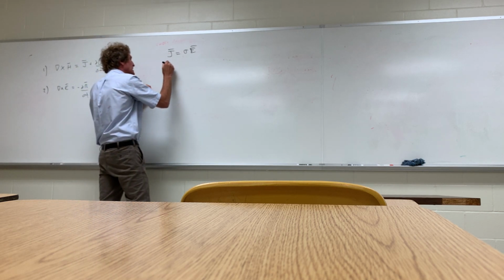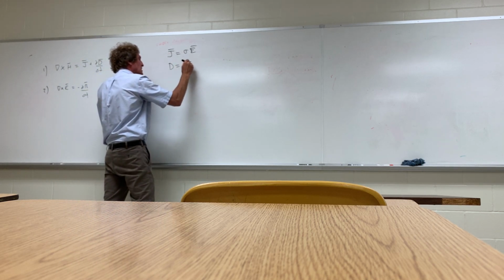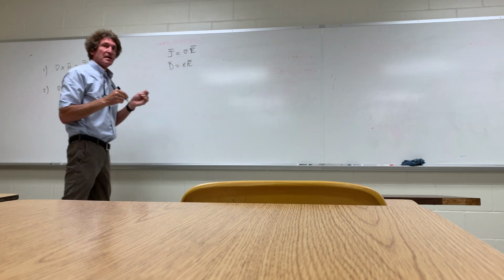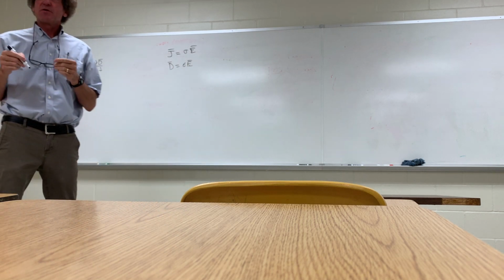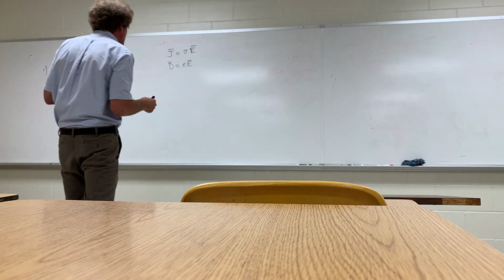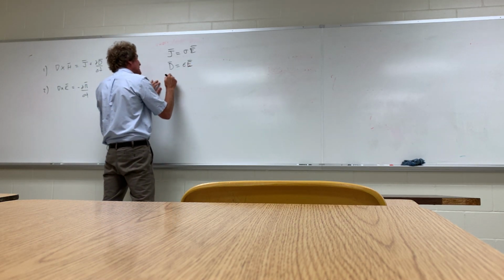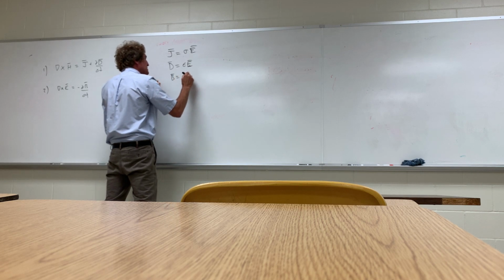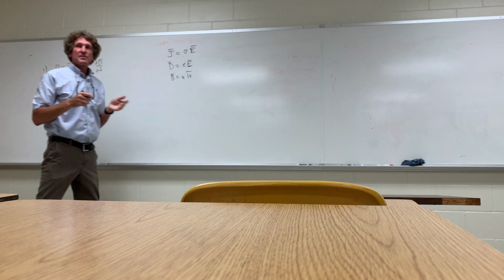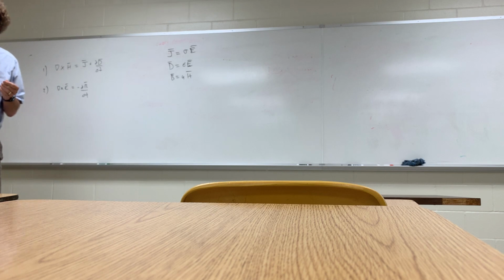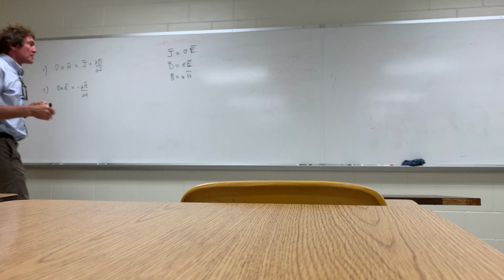There's also the linkage D is equal to epsilon E, where D is the electric flux vector, and E is the electric field in volts per meter. And then there is B is equal to mu H. Now you've seen those before, right? These are the things that link one quantity to another in terms of the material parameters.